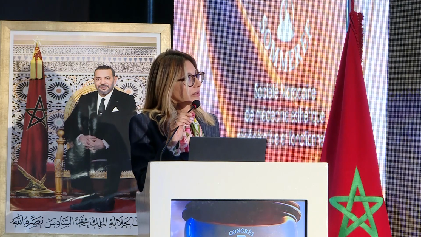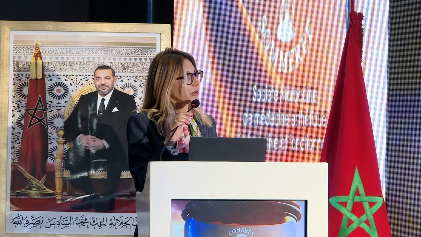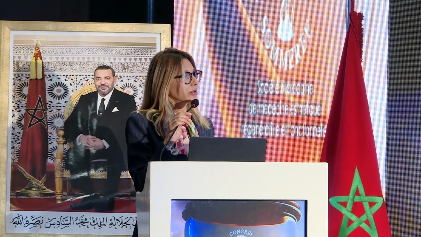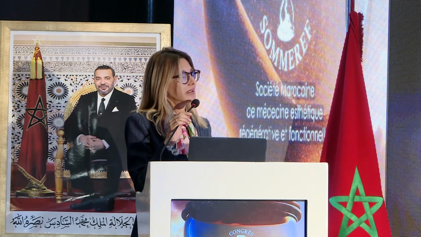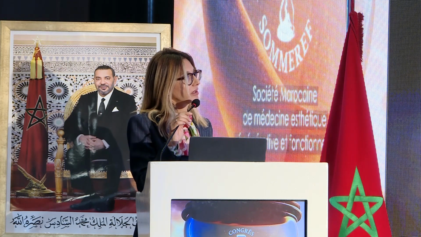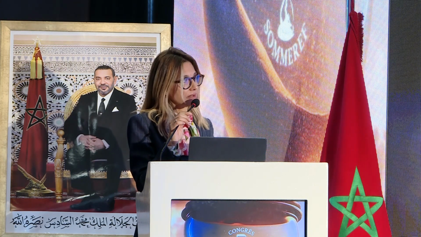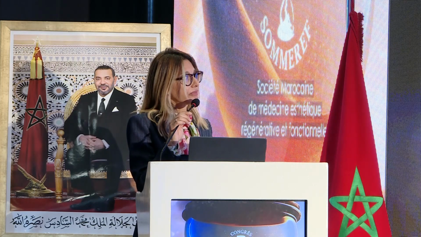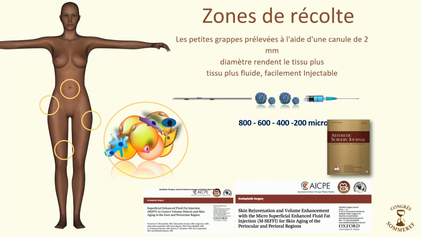There are a lot of kinds of donor sites, but in my experience, the peritrochanteric area is the safer and richer in tissue graft. It contains microfragmented adipocytes, stromal vascular fraction, exosomes, and growth factors.